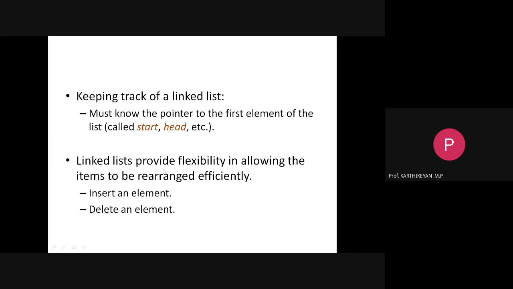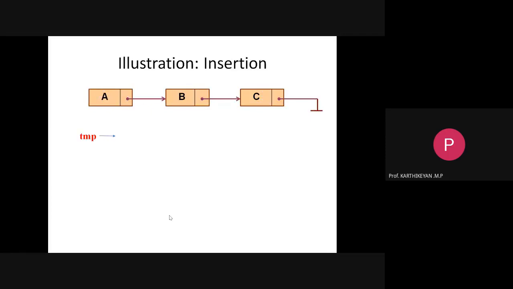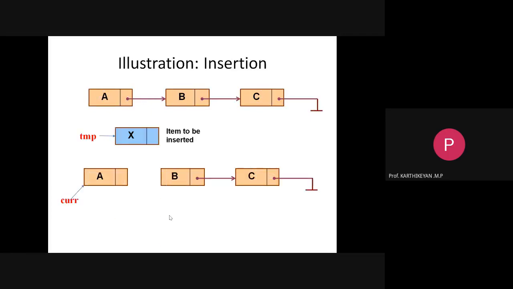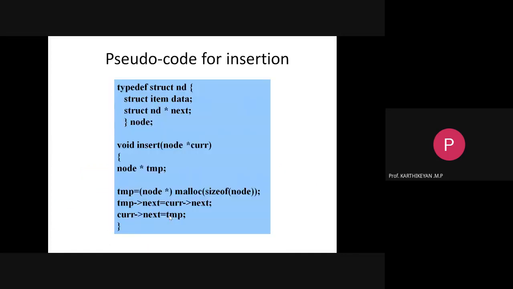The linked list provides flexibility in allowing the items to be rearranged efficiently. That is, inserting an element is easy, deleting an element is easy. We will see the insert and delete operations clearly in our next class.